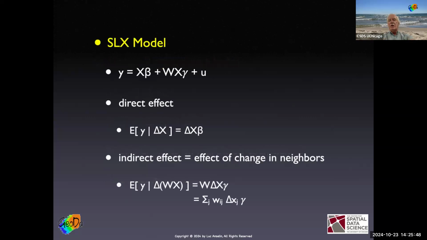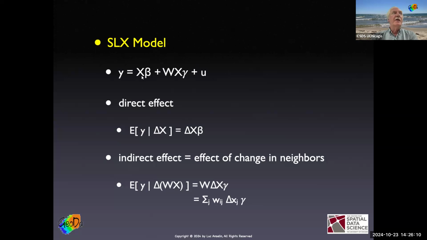So in an SLX model, which is the simplest one, what happens when we change x? Typically, and I'll get back to this in a few minutes, this is looked at with a uniform change in x. So what happens if there's 1% less unemployment everywhere?